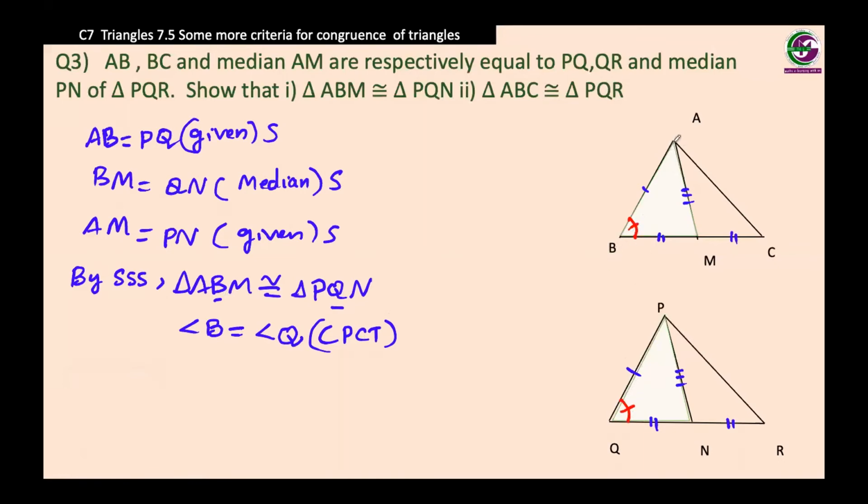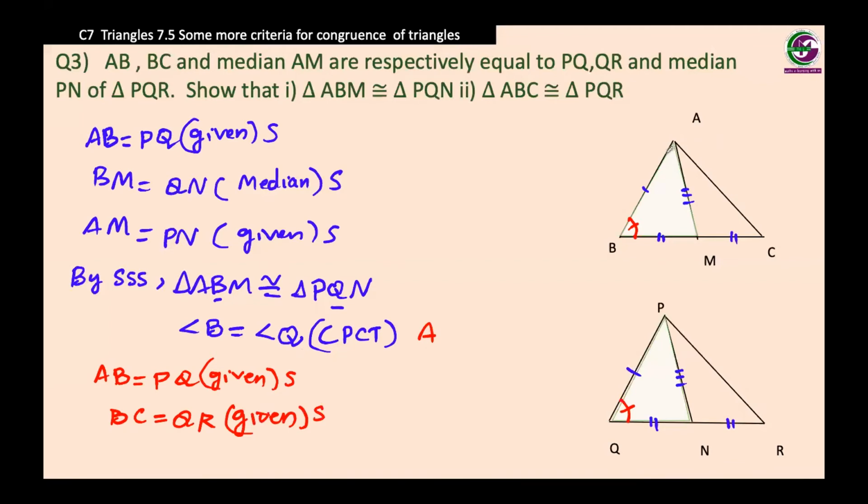And we already have AB is equal to PQ and BC is equal to QR. So let's write down AB is equal to PQ, it's given. That is a side, this is an angle. And we also have BC is equal to QR. That's also given.